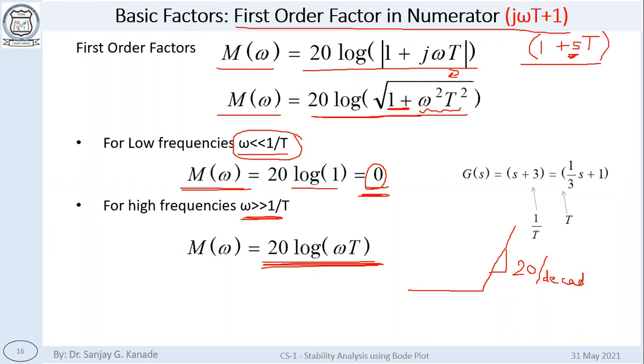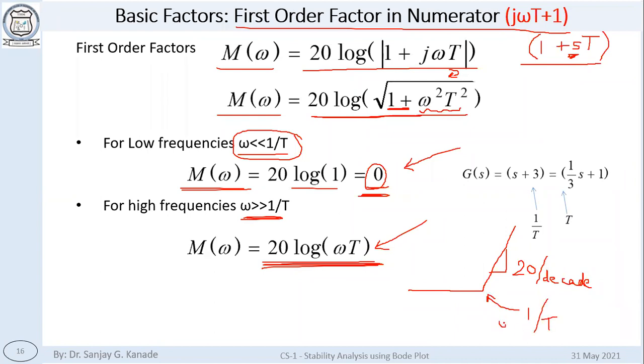If you recall, the first is similar to a gain, and the second is similar to a numerator s, a derivative factor. So the shape will be like this: a horizontal straight line up to 1 by T.